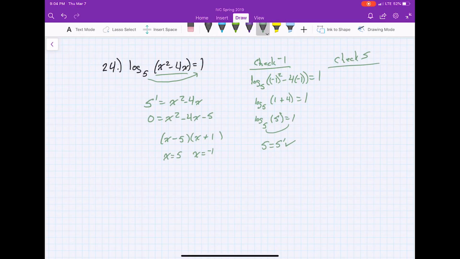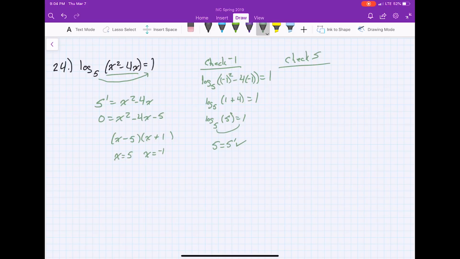Now we have to check the 5. To check the 5, we are going to do log base 5, and then 5 squared. I guess I didn't need to put brackets here because it wasn't a negative, but anyway, 5 squared minus 4 times 5 is equal to 1. 5 squared is obviously 25, and 4 times 5 is 20, and so that's going to end up equaling 5.